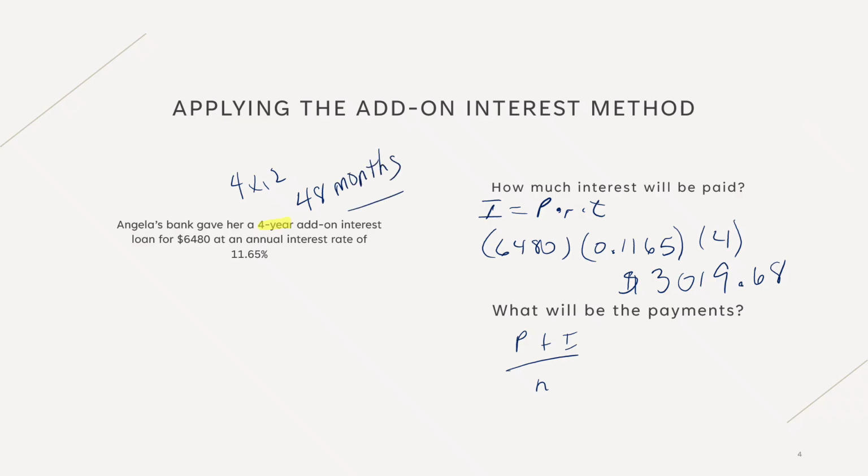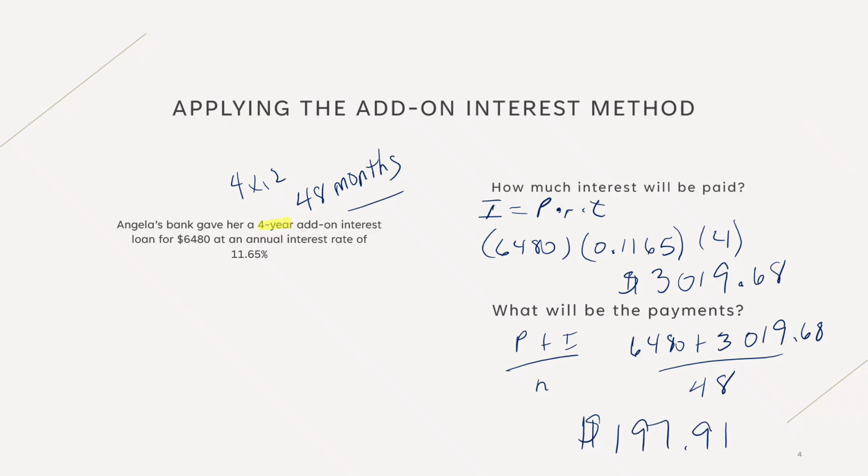So we will have our $6,480 plus the interest of $3,019.68 and divide that by 48 monthly payments. When we do that, we get that each payment is going to be $197.91. So this is how much Angela's payments will be to pay back this loan in 4 years.